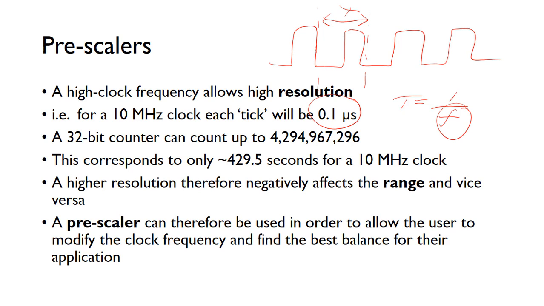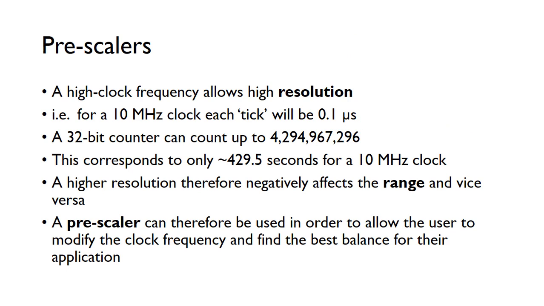So every time the clock signal changes, we get a positive edge, and 0.1 microseconds will have elapsed. But suppose we had a 32-bit counter. This is 2 to the 32, so a 32-bit counter can count from 0 up to this value.